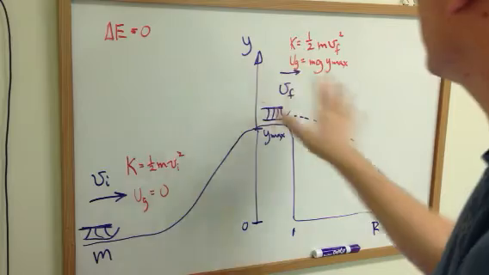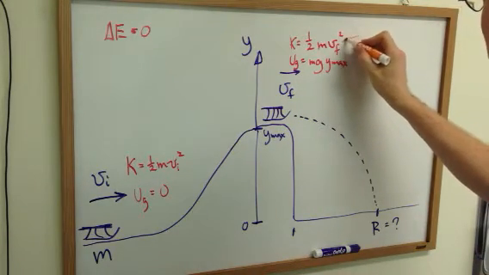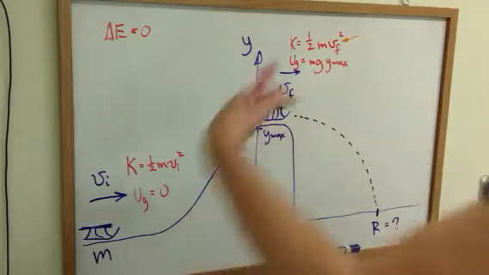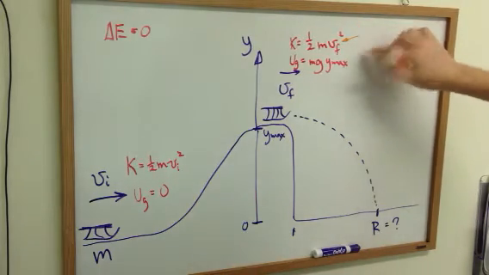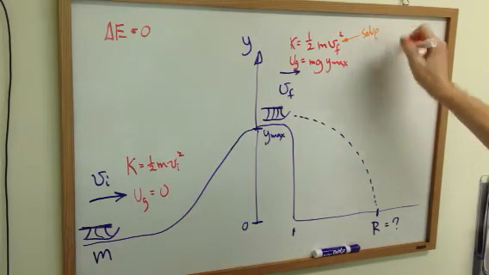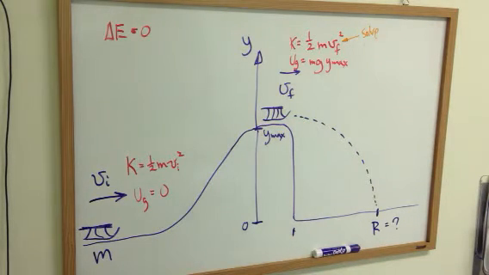The change in them is going to be 0. We can figure out what this horizontal velocity is. We can solve.